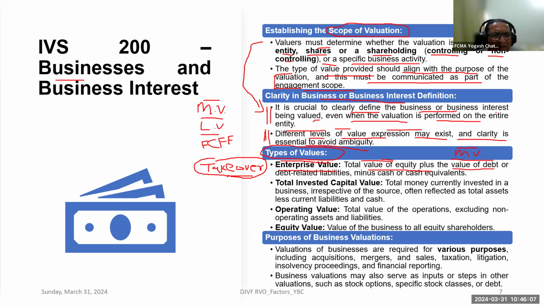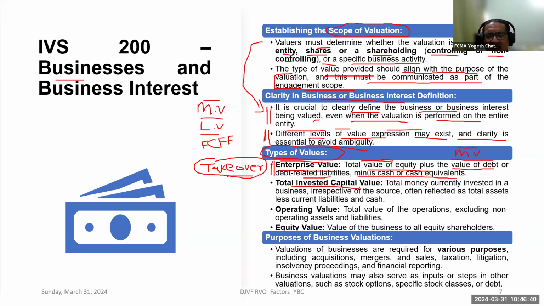Getting comparables will be very different, because each company may have a different type of debt security with reference to coupon rate, maturity, and yield earned by the investor. That makes it more complex. Then debt-related liability minus cash and cash equivalent. So that is the enterprise value.